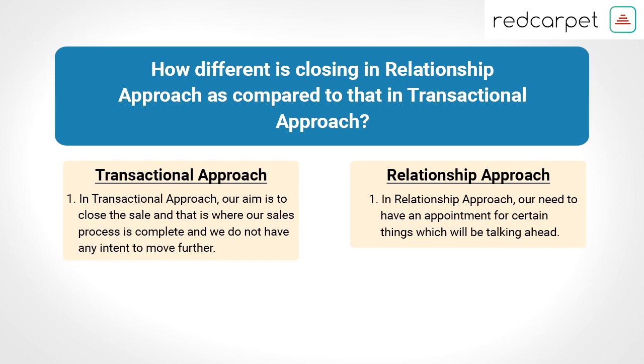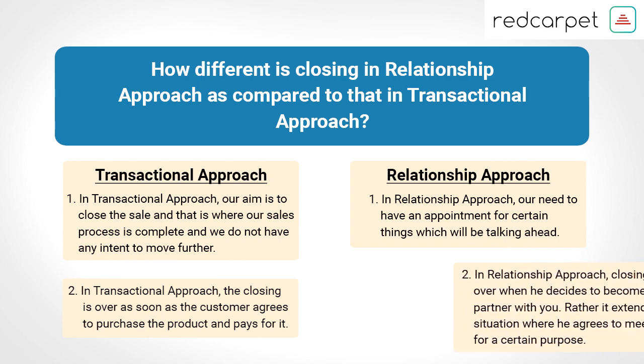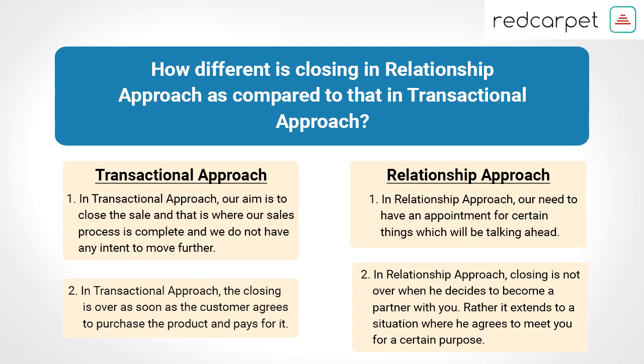You need to have an appointment for certain things which we will be talking about ahead. In the transactional approach, the closing is over as soon as the customer agrees to purchase the product and pays for it. While in relationship sales, closing is not over when he decides to become a partner with you. Rather, it extends to a situation where he agrees to meet you for a certain purpose.